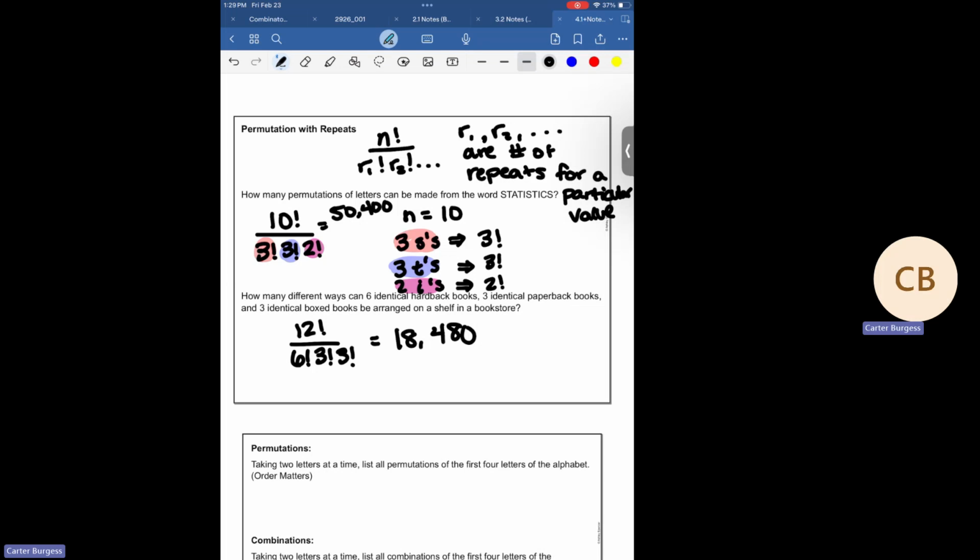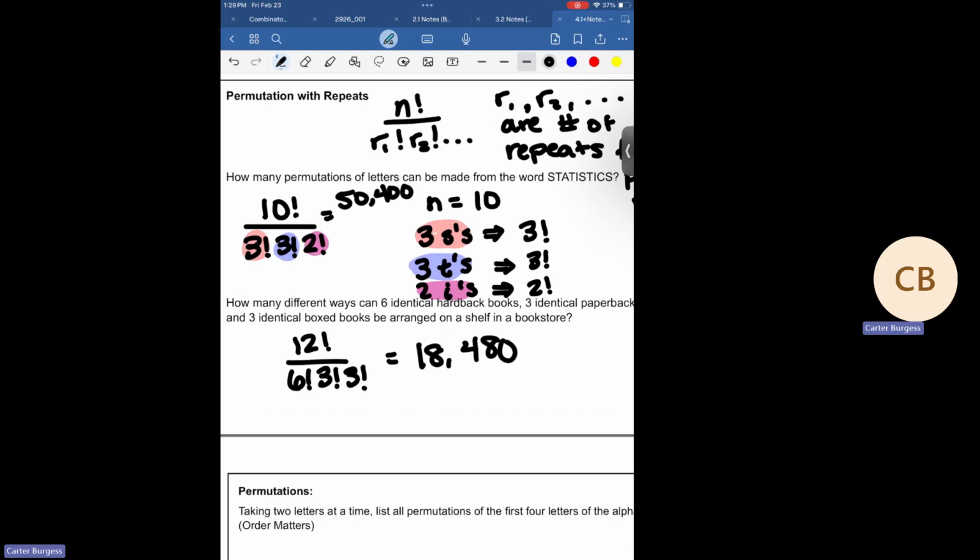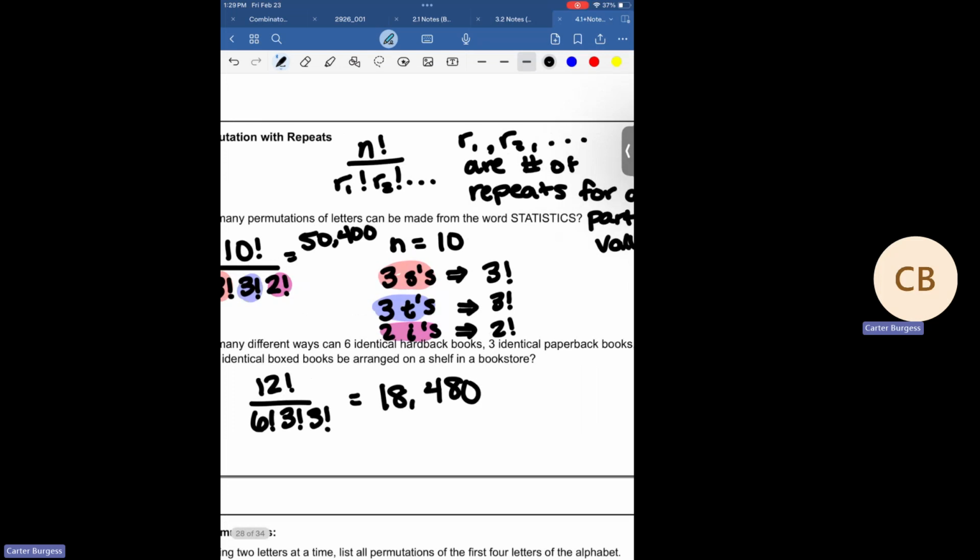Right, so for instance, for our statistics here, having the T come first versus the S come first changes the arrangement of the letters. Or if we were thinking about coming in first, second, or third place for a competition, it doesn't matter after the podium what place you come in per se. But if you come in first place versus second place, that's a different result.